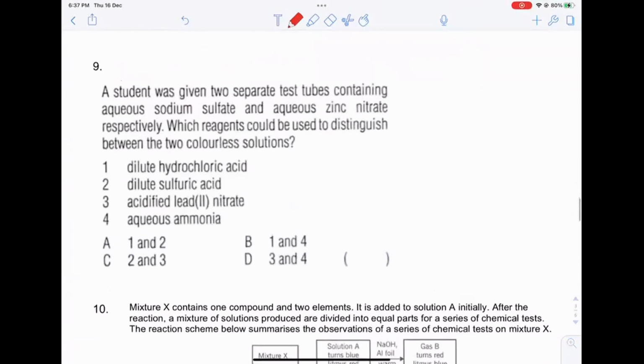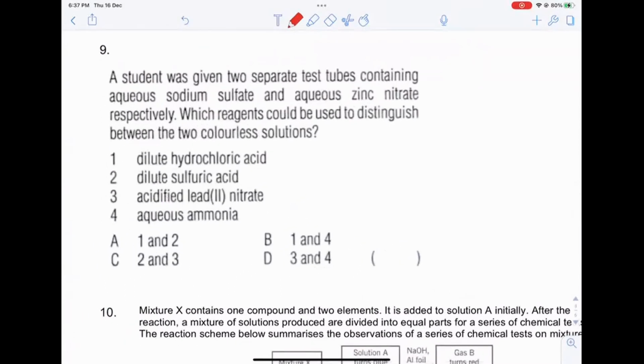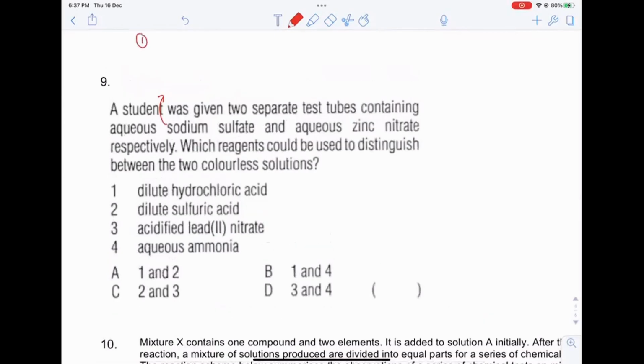For 9, a student was given 2 separate test tubes containing aqueous sodium sulfate and aqueous zinc nitrate, respectively. Which reagents could be used to distinguish between the 2 colorless solutions? First, dilute hydrochloric acid. What will you get? So the first one, you will get sodium chloride and sulfuric acid. But like I said, you can ignore the sulfuric acid most of the time.